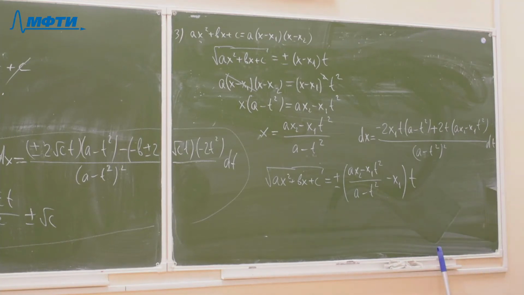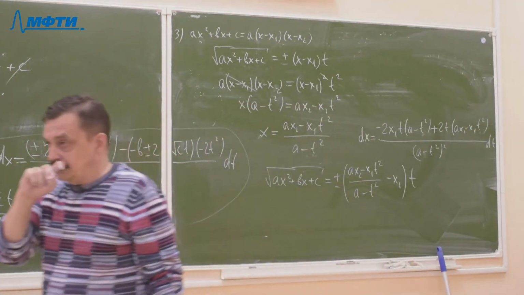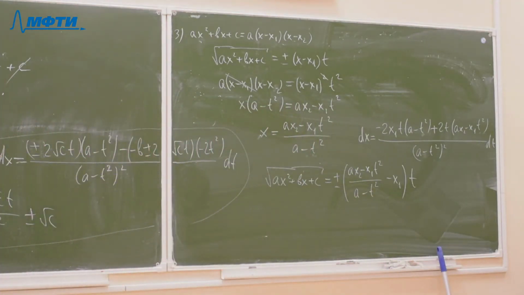So you see, once again, if we substitute all those expressions, oh, by the way, here we can cancel leading powers of t, but it is not so important. Once again, after substituting, we will obtain an integral of a rational function. But it will be a rather huge rational function, unfortunately.